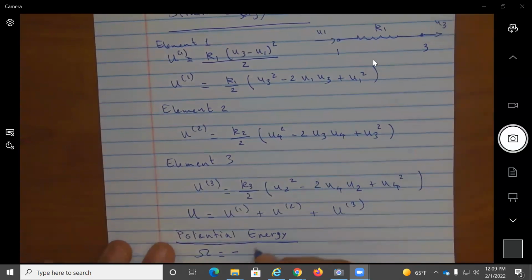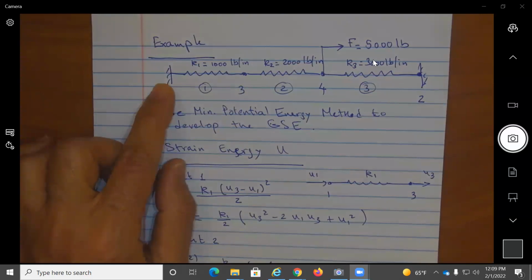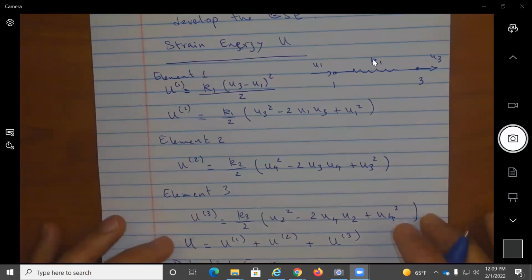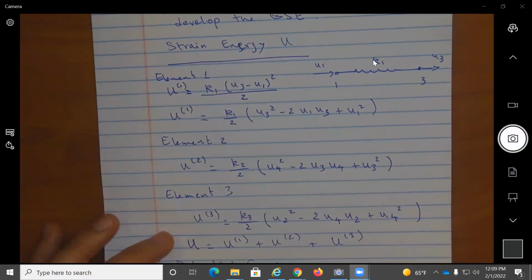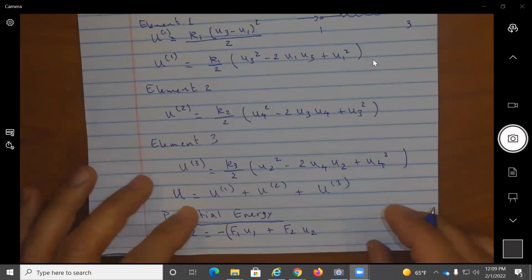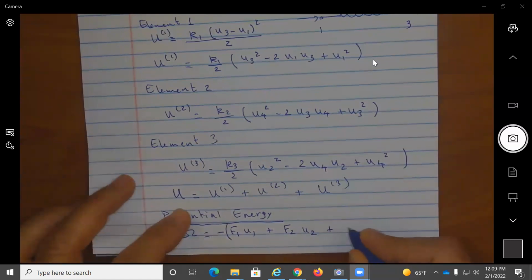So I would have a minus F1 U1, and even though I do not have an applied force, I could have a support reaction, right? So F1 U1, and let's keep the negative sign outside, plus F2 U2 plus F3 U3 plus F4 U4.